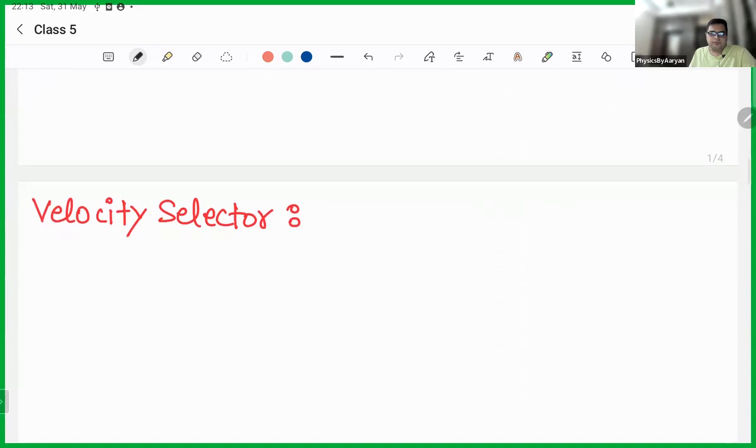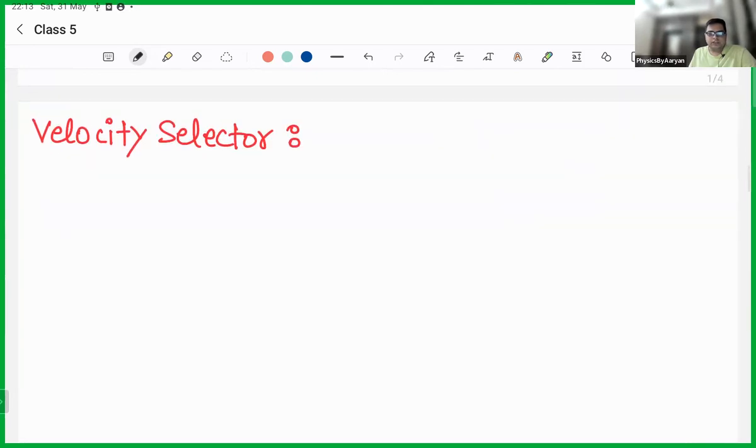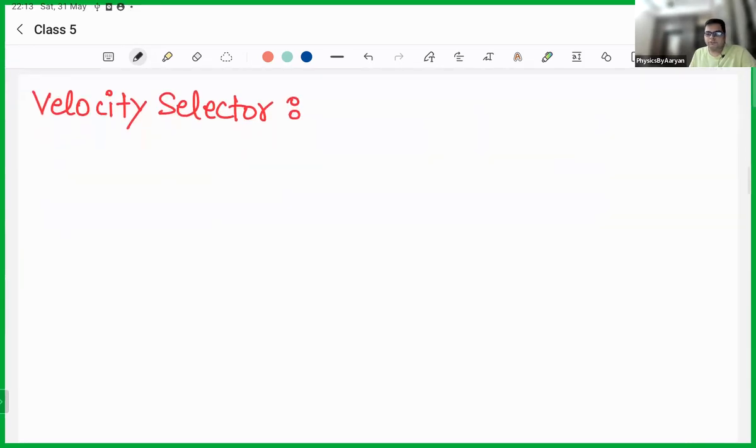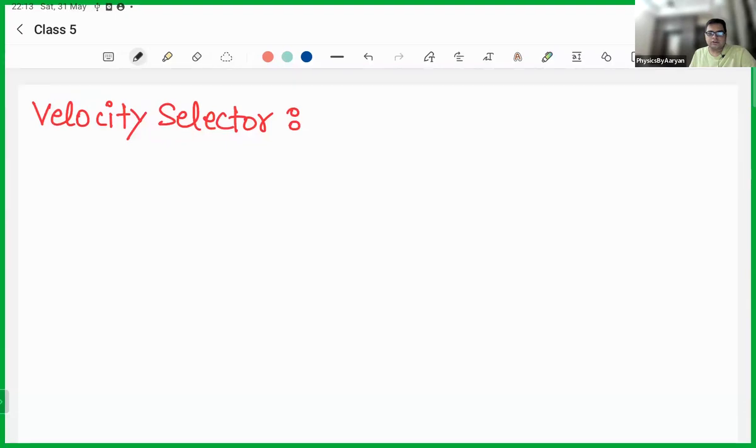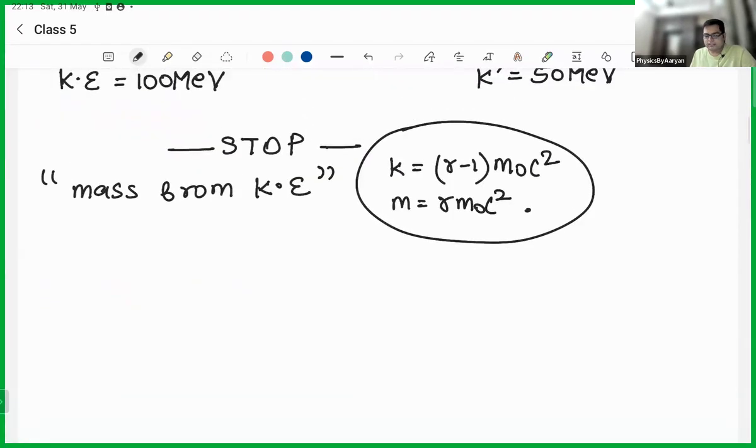Then in this context, we also should study one very important thing, velocity. One person asked a very good question: how do we check for relativity in every case? Whenever energies are given, especially in mega electron volt, or the particle is an electron. Usually for proton and other masses, this problem will not be there.